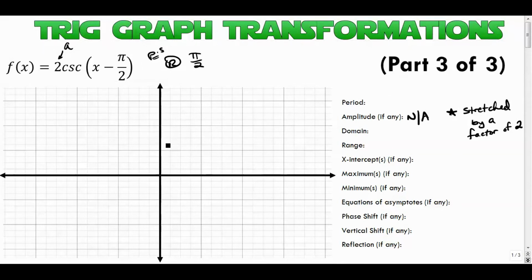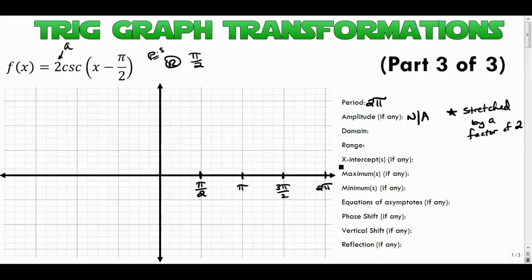Okay, so first and foremost I need to get my scaling down. My period hasn't changed. My period is the same as the regular cosecant, which is 2 pi. So if I make this pi over 2, that means this would be pi, this would be 3 pi over 2, and this would be 2 pi. If it starts here, then it has to end at 5 pi over 2.